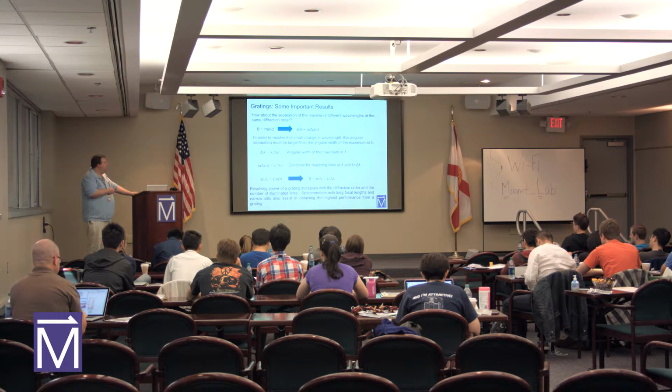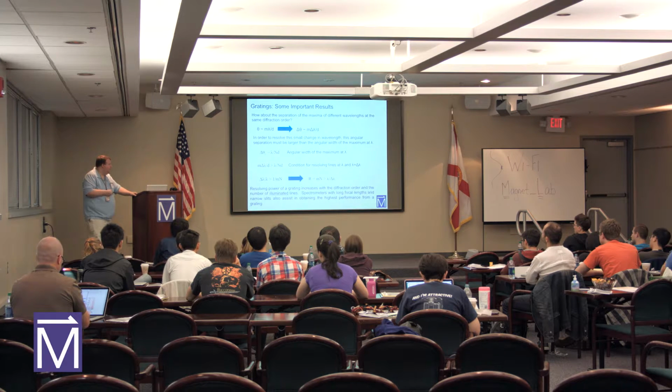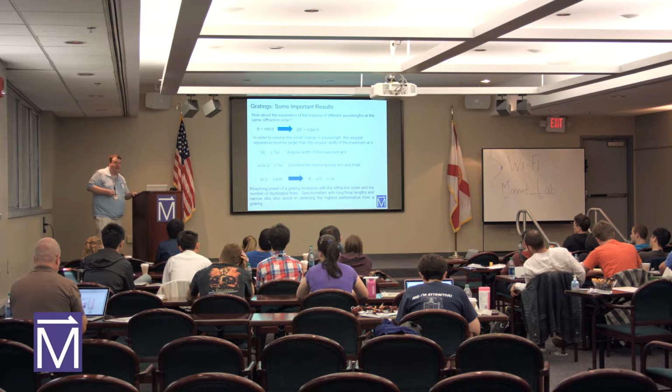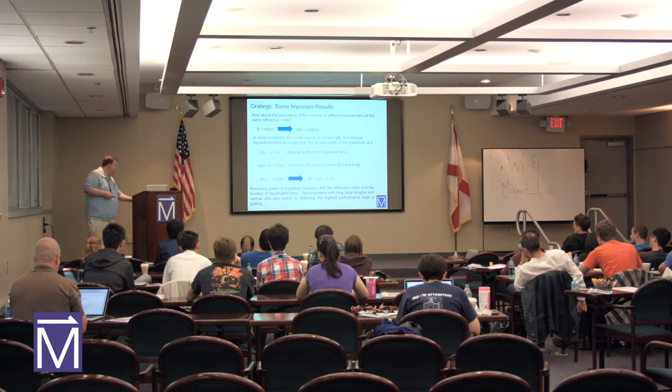Therefore, the condition for resolving the lines between lambda and lambda plus delta lambda is m delta lambda over d must be greater than lambda over Nd. And therefore, we get the condition resolving power mN, in this case we're thinking of the first order, m equals 1, must be greater than lambda over delta lambda, the wavelength that you're working at.